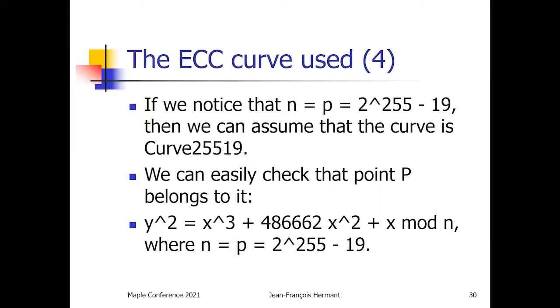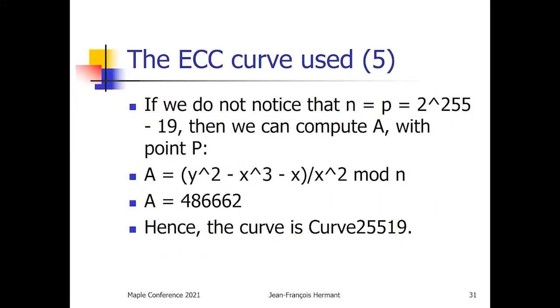And so we check if y squared is equal to x cubed plus 486662 x squared plus x modulo n. And if it is true, then we can deduce that it is curve 25519.